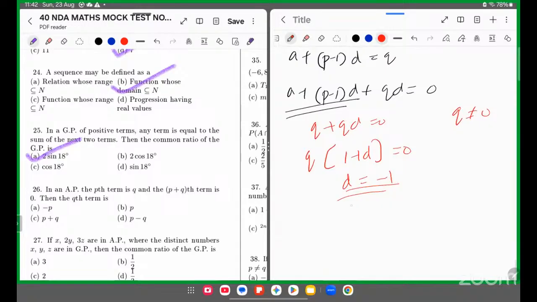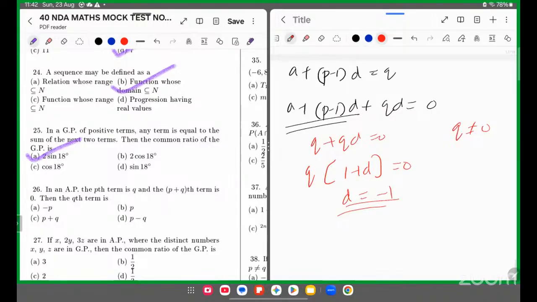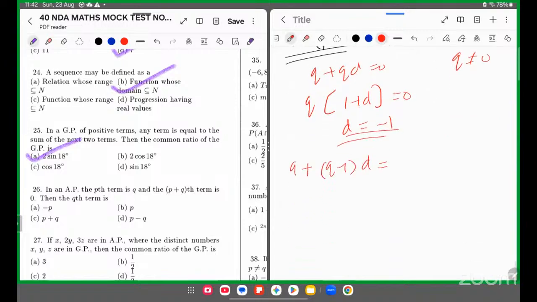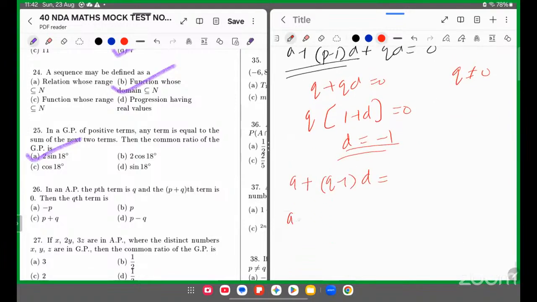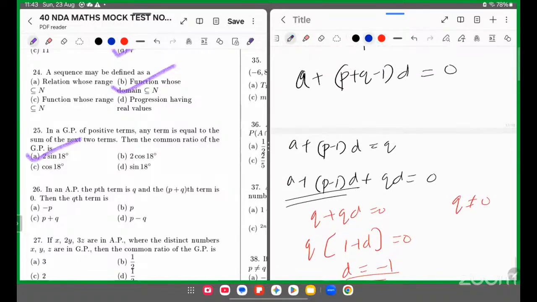If d equal to minus 1, what is the qth term? The qth term is a plus q minus 1 into d. First of all, I have to calculate what a is.